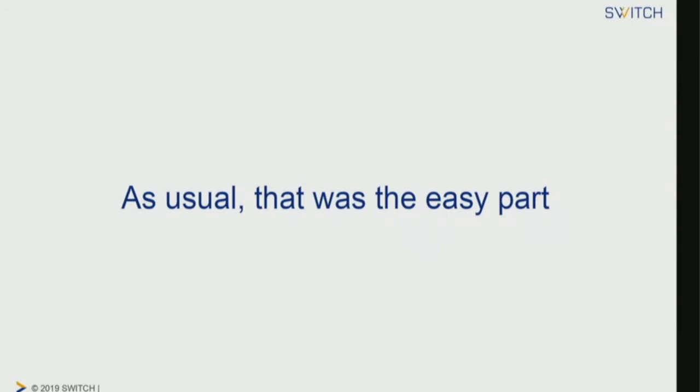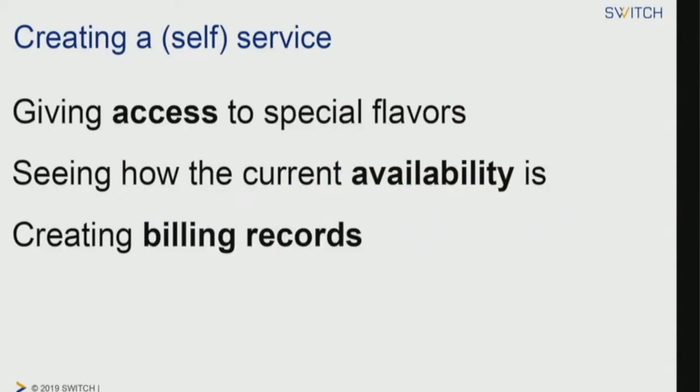That's also the reason why we are looking at that, because all of these slides, while they look daunting, are really the easy part. As a service provider, we have much more difficult problems. How do we make all these capabilities available to people? We need to give access to special flavors. As I mentioned, we create special flavors. We need to see how many GPUs we have. We don't have thousands.